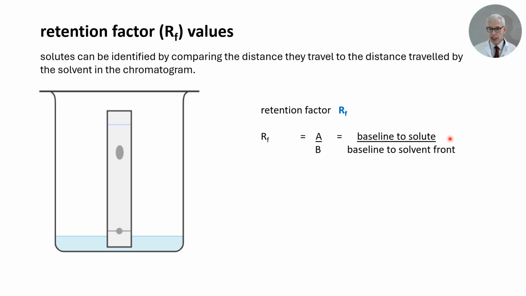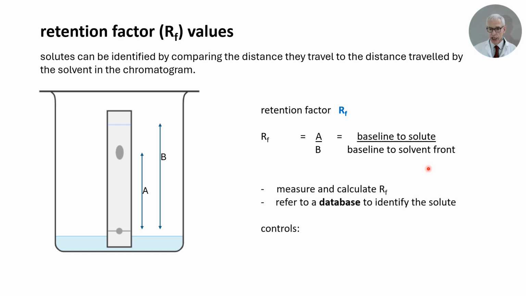If we measure the distance from the baseline to the center of the solute spot, let's call that distance A. So from the baseline to the center of the solute spot, and then measure the distance from the baseline to the solvent front, and we divide the distance of baseline to solute by baseline to solvent front, we achieve a number, a retention factor value.